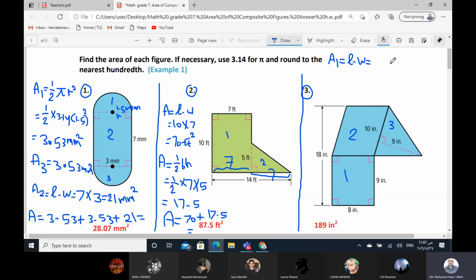So the length will be 9 times the width will be 8. 9 times 8 will be 72 inch squared.